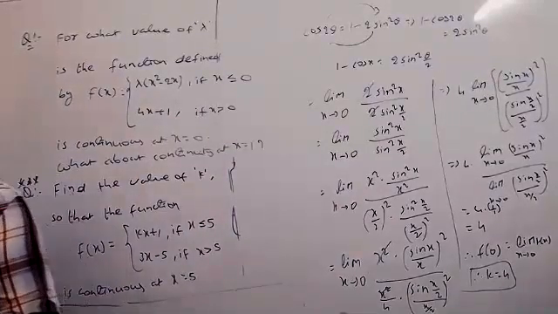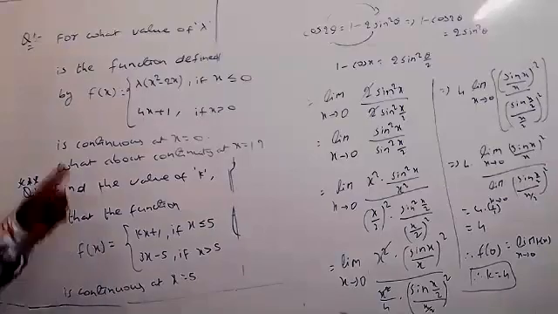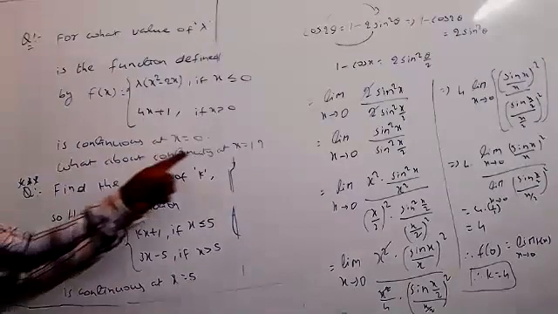This is the problem now. Try yourself. Find two cases here: one is x equal to 0 the first time, and x equal to 1 the second time.